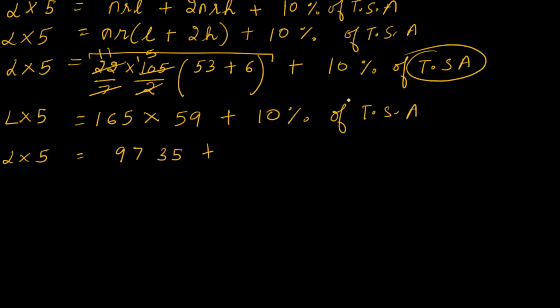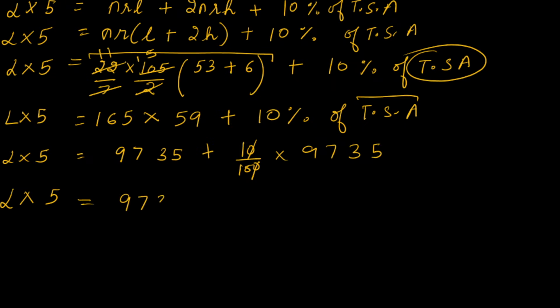So total surface area we have found. So 10% I can write as 10 by 100 into 9,735. 10 I can cancel here. So length into 5 is equal to 9,735 plus, here I can write, 973.5.